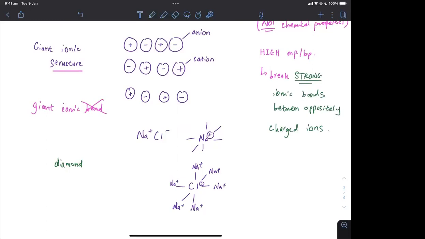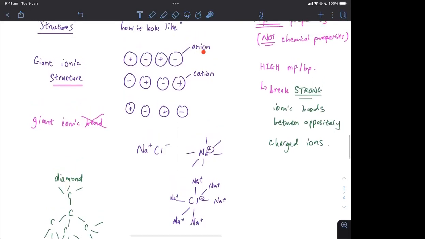Because when you think about diamond, that one is just carbon bonded to 4 other carbons. So when you have diamond, you cannot have ionic structure because when you have ionic structure, you must have cations and anions. The cation comes from metal, usually. The anion comes from non-metal, but you can also have polyatomic ions, like ammonium ion, like sulfate ion, like nitrate ion.